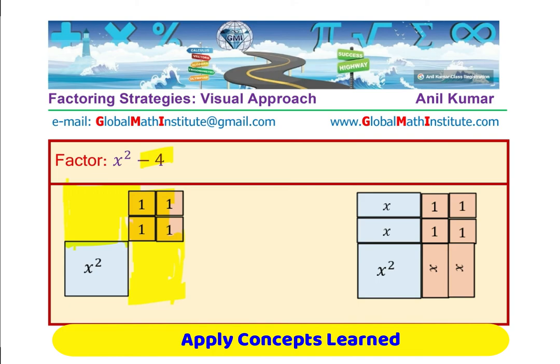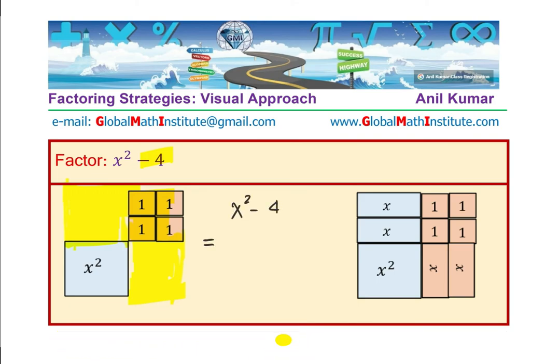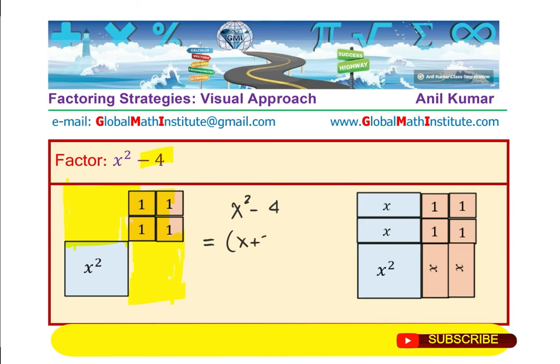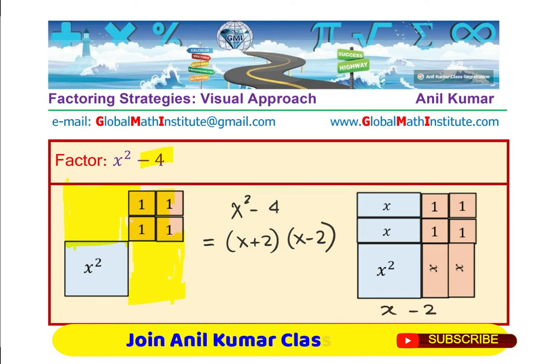And therefore, we could write x squared minus 4 is equal to x plus 2 times x minus 2. Make sense? So this is your x minus 2, right? And this side is x plus 2.